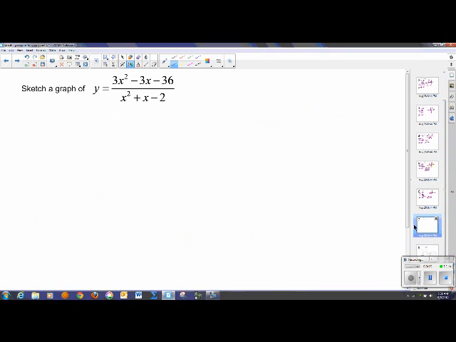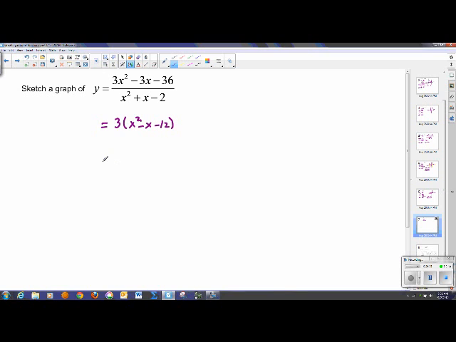Let's do one more before we get some questions going. This one's the killer. Now, in all these graphs, we want to make life as simple as possible. So I like personally to factor everything from the get-go. So I pull a 3 out. I'm left with x squared minus x minus 12.